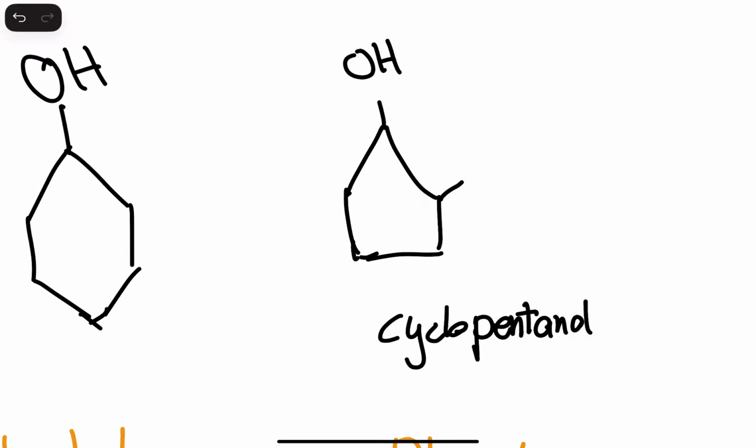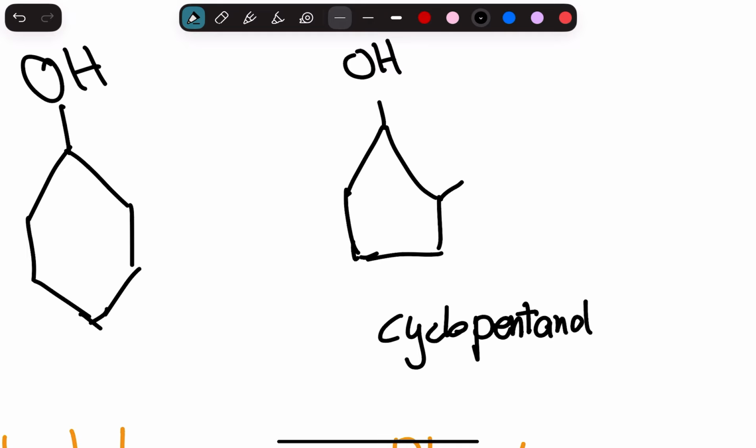Now when we talked about numbering, we said that we want the lowest substituent. So logically we can go 1, 2, 3. We can start at this one. But no, when we have an alcohol, our number 1 substituent is always going to be our alcohol, no matter what. So alcohol will always be 1, and then the substituents come after. So we always start at alcohol and go after that.